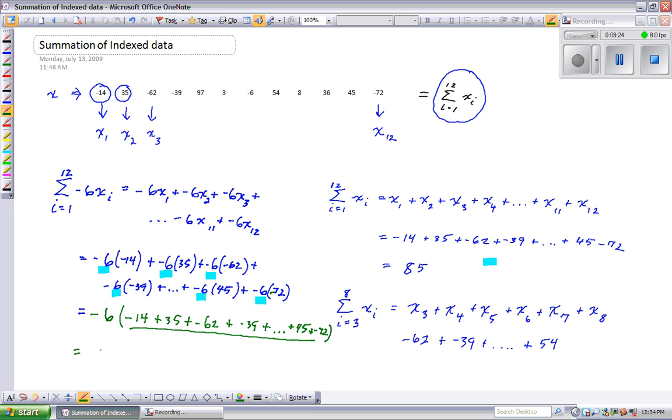So we have negative 6 times the summation, i from 1 to 12, of the x sub i's, which we already calculated earlier was 85. So our answer is negative 6 times 85, which is negative 510. And that's how you do those.